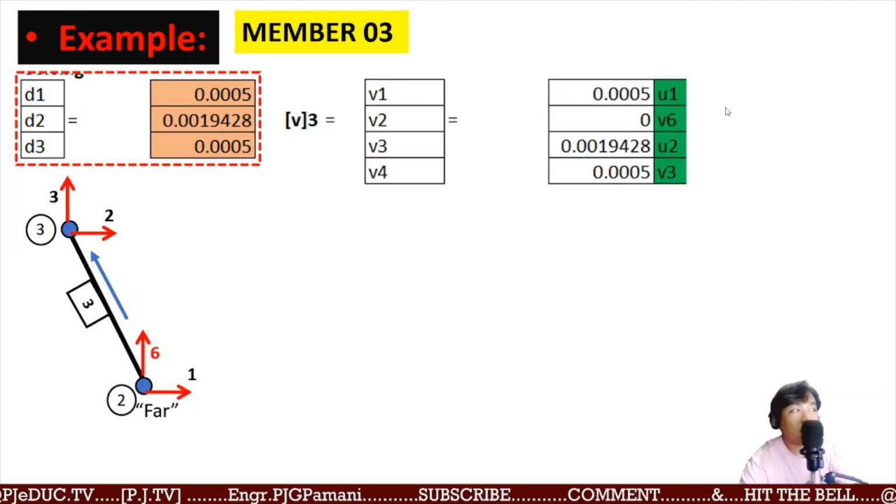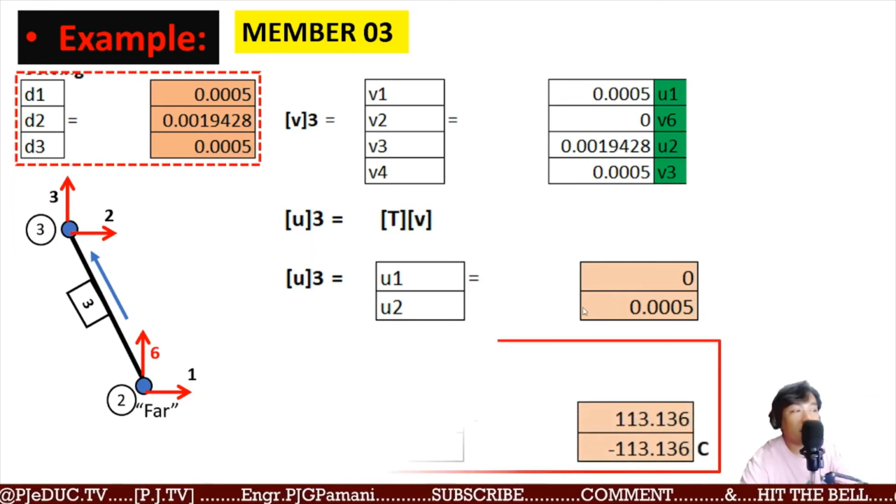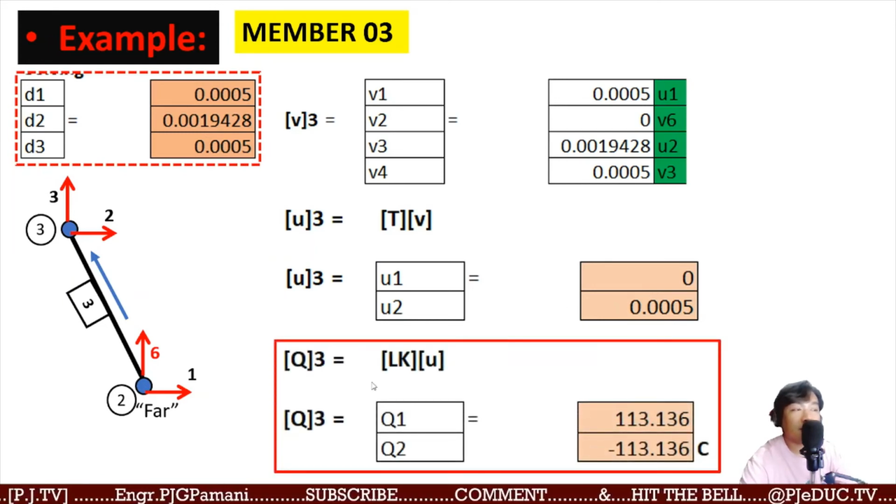Substitute nyo lang yung known displacement sa part na yan. Multiply to the transformation matrix of member 3. Gives us this value. And multiply that to the local stiffness matrix of member 3. Gives us 133.136 kilonewton in compression.